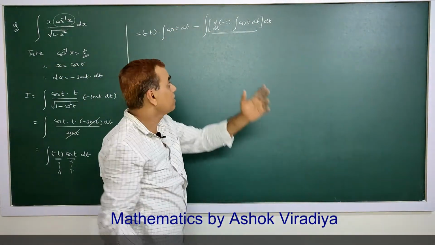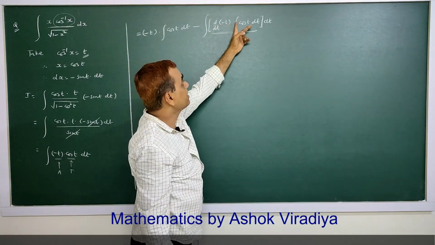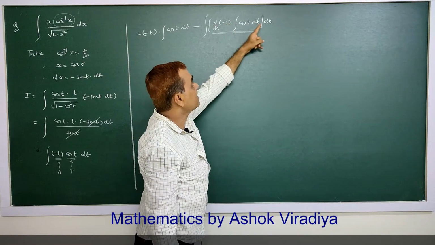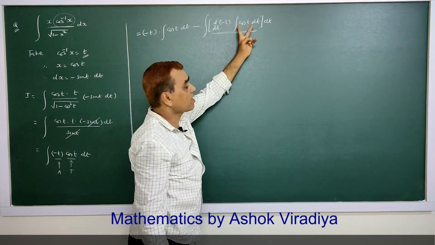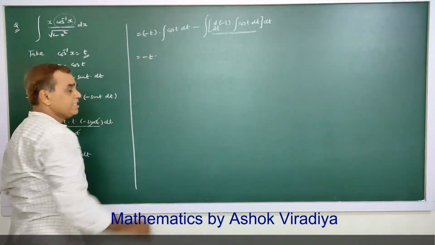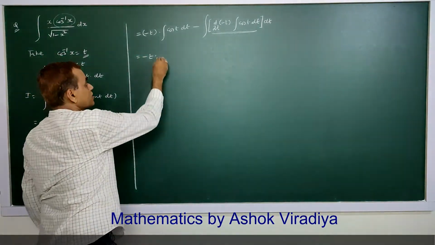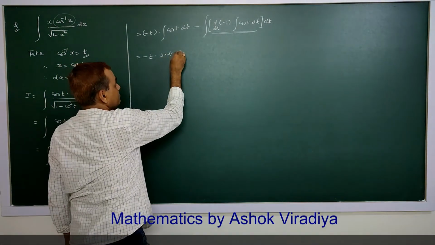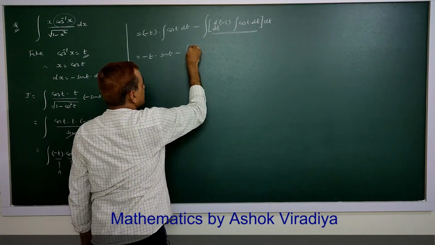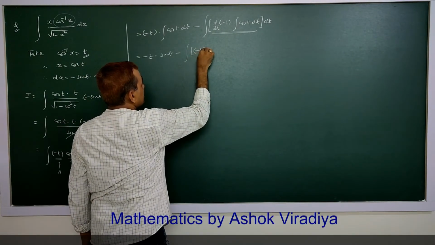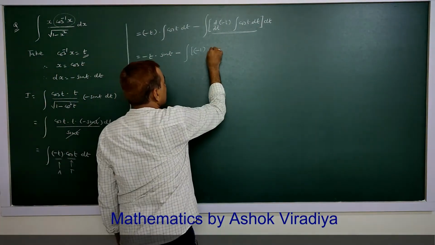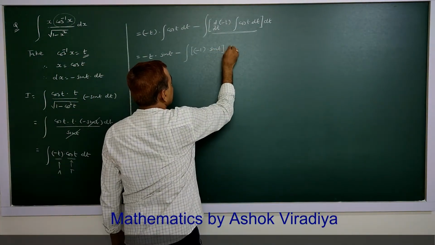In the box we put derivative of u into integral of v with respect to t. So it is equal to minus t into integral of cos t, which is sin t, minus integral of derivative of minus t, which is minus 1, into sin t dt.